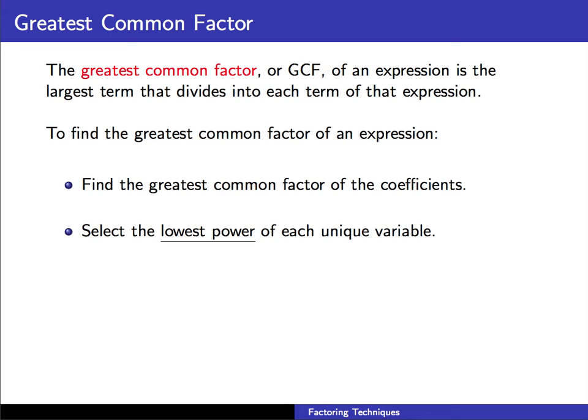So if we look at, let's say 2 squared is 4 and 2 cubed is 8, 4 will go into 8, but 8 will not go into 4. So we take the lower power, 2 to the second power versus 2 to the third power, as the greatest common factor for variables. So then you just divide each term by that greatest common factor.